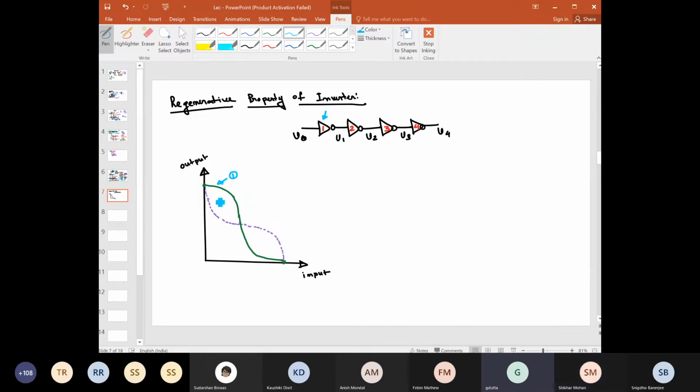So then do you understand that if I now plot the VTC of this inverter 2, it will look like this? The axis will change essentially. Only the axis will change, right?